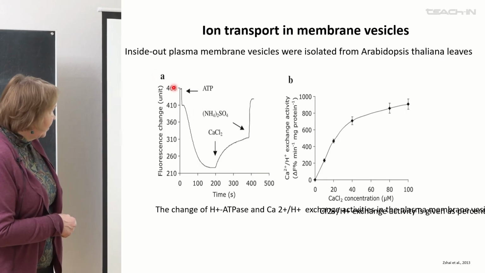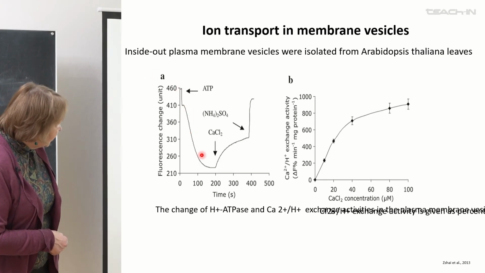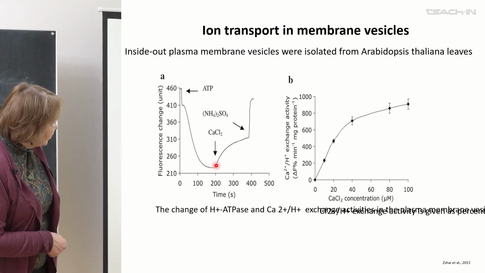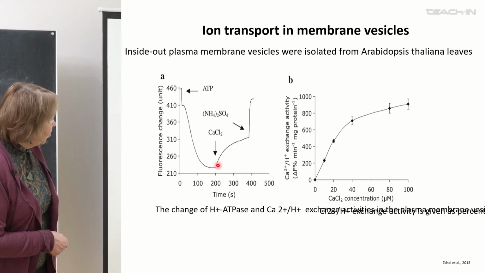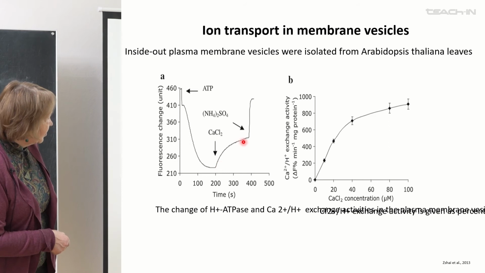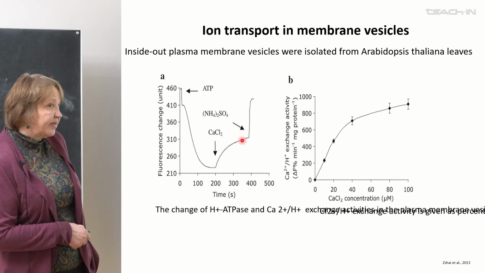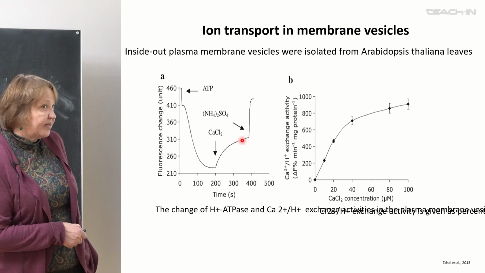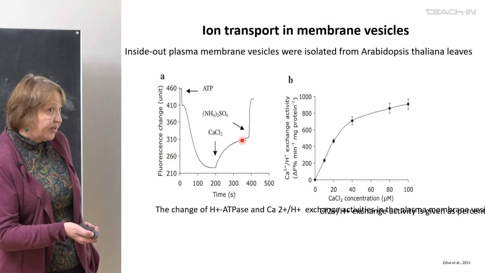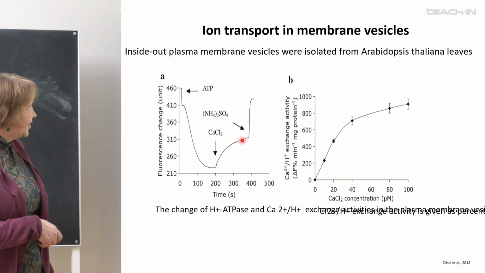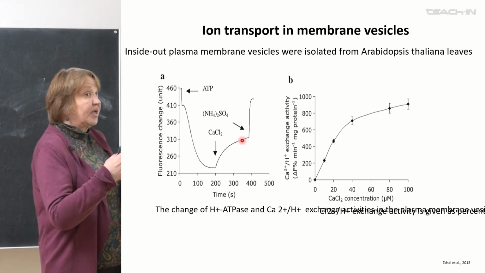So here they use ATP, and then they add calcium chloride. So why do you think that's what happens? I think that's because the calcium chloride inhibits this enzyme. That is true, but there is also a possibility of calcium proton antiport.